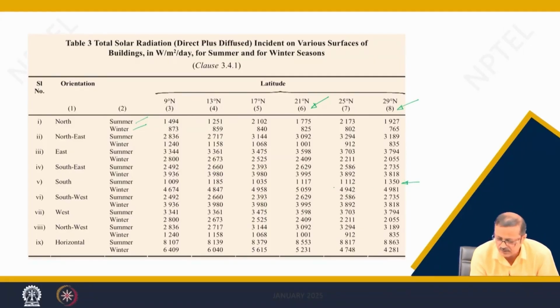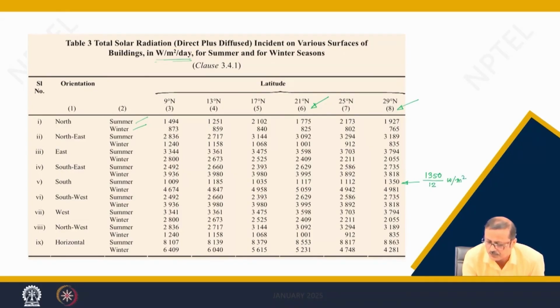So, if I look at Delhi, the south wall will receive in summer, I think the first line is the summer, 1350 watt per meter square per day. If I assume 12 hours is the sun duration, then it will be 1350 by 12 watt per meter square per hour.